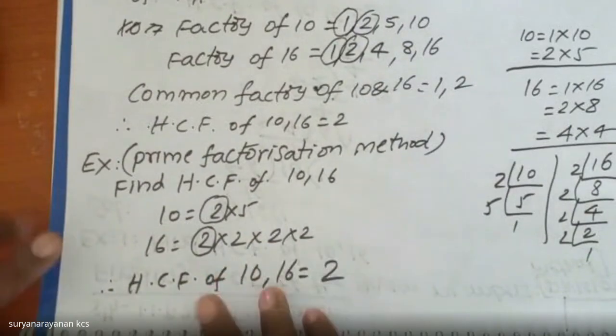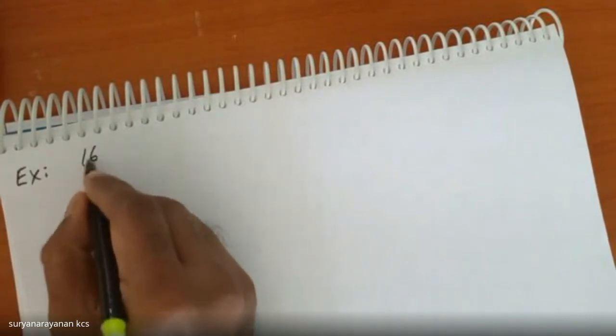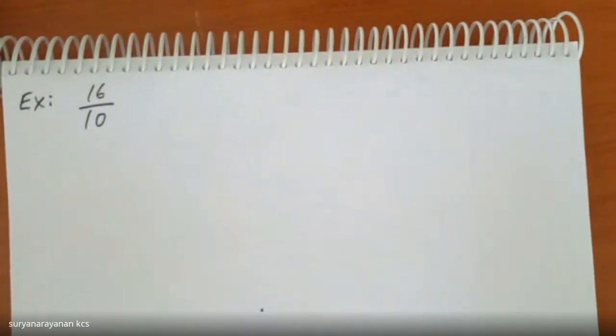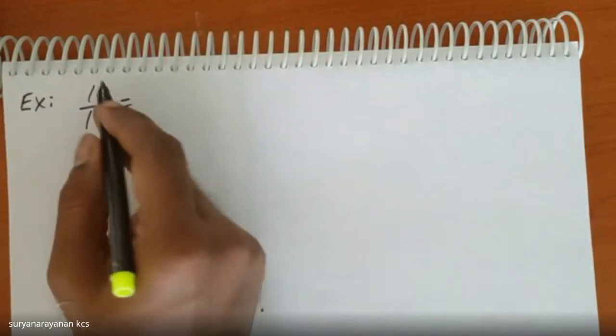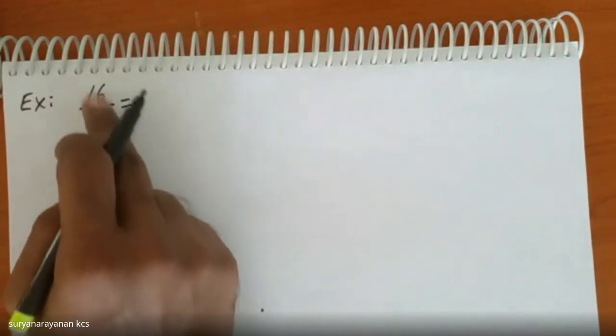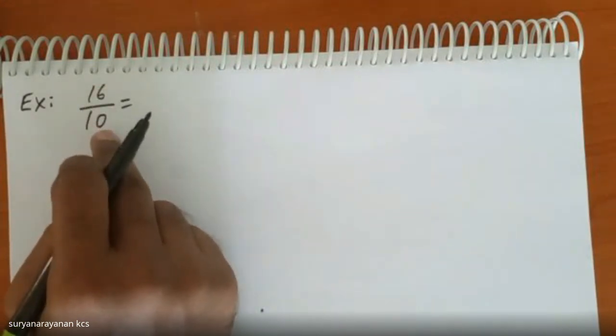Suppose 10 by 16 is given, 10 by 16, not 16 by 10. To write this fraction in its simplest form, we have to divide the numerator and denominator by the HCF of these two numbers. What is the HCF of these two numbers?